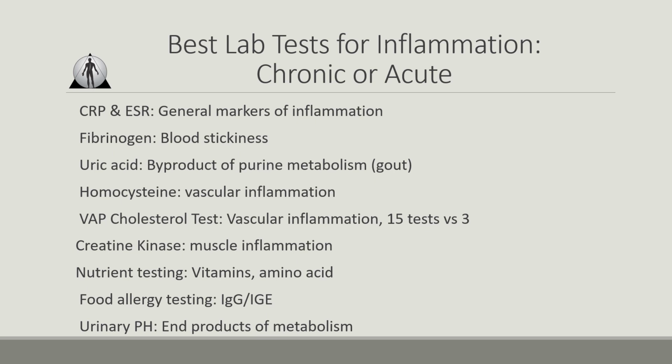The next marker that I may check for, and I wouldn't add this one in on just a routine exam, but I would definitely add this in when the person is experiencing lots of pain for no reason. It's something called creatine kinase. As muscle cells die and repair, which they do, all cells die and then repair themselves and come back, they release chemicals and enzymes, one of them being creatine kinase.